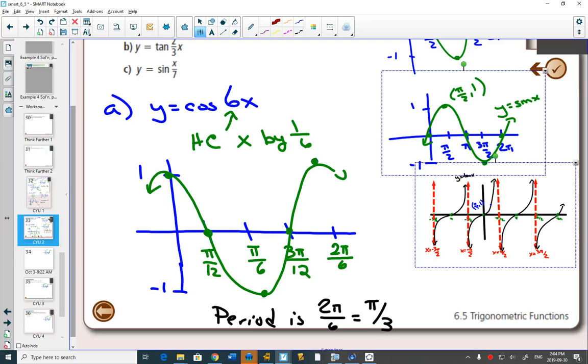Now this question just asked us for the period, and our period is going to be 2 pi over 6 or pi over 3. But we're practicing to graph it as well.